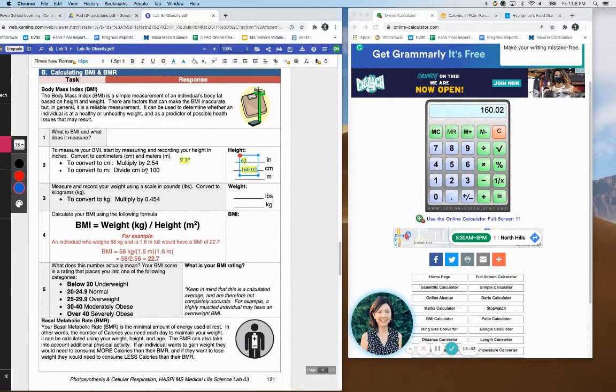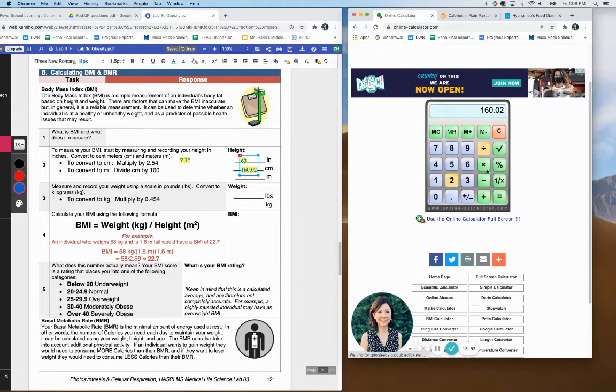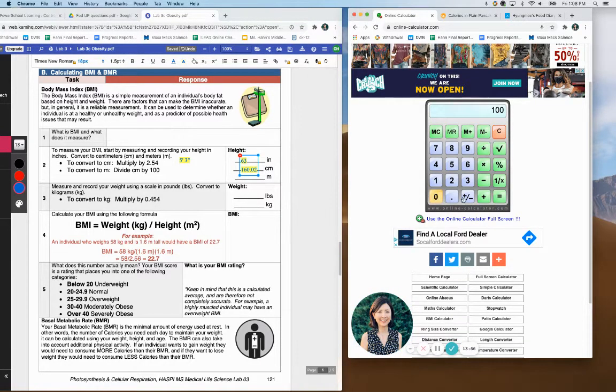And then I need to divide by 100 to get meters. Okay, so to divide by 100, you just move the decimal over 2 spots, but I'll show you. Divided by 100 equals 1.60. Just going to round that.